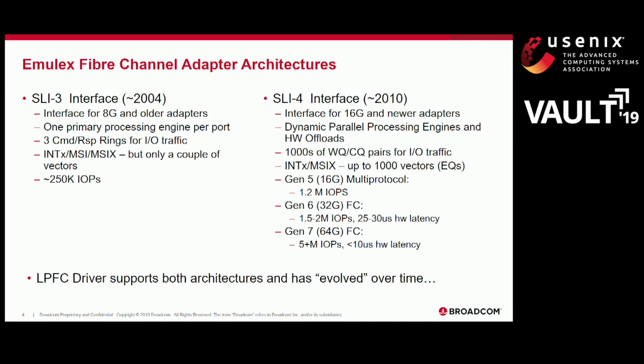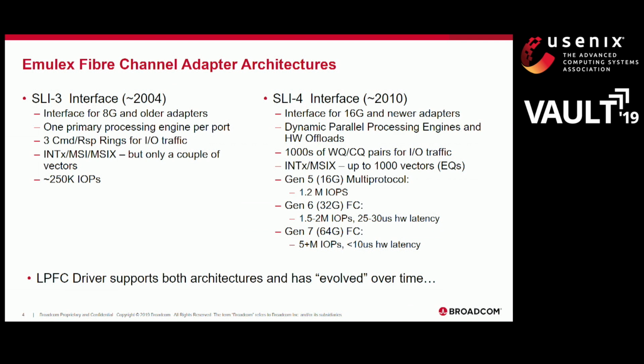And relative to the ASIC generations, the first chip that we put out supported a little over 1 million IOPs. The second chip that was put out several years ago is about a 1.5 to 2 million IOP range, about 50% higher than the previous chip, and we had latencies in the 25 to 30 mic level.